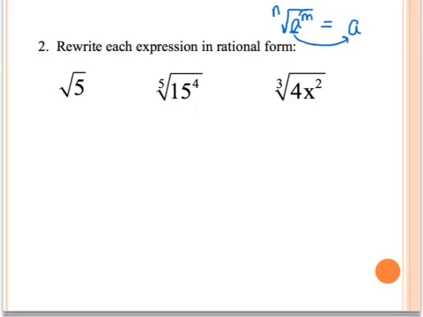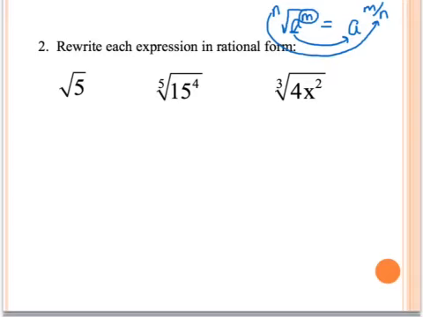The exponent that I raise my base to is my numerator, or the numerator of my exponent for rational form, and the index is my denominator. So if I have the nth root of a to the m, that's really a to the m over n power.